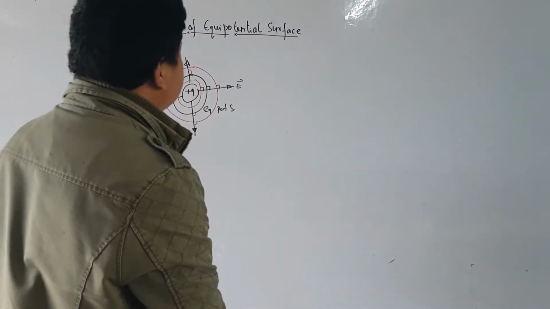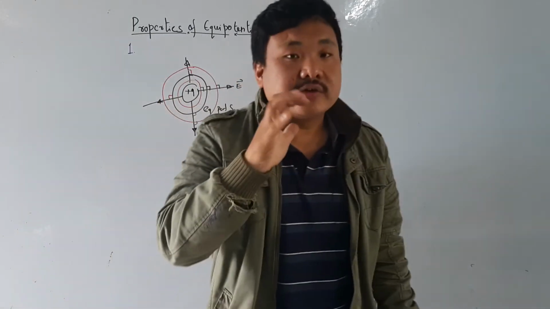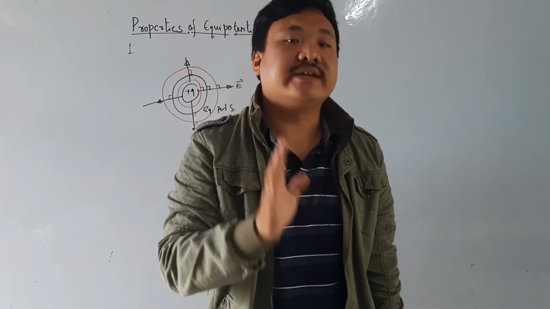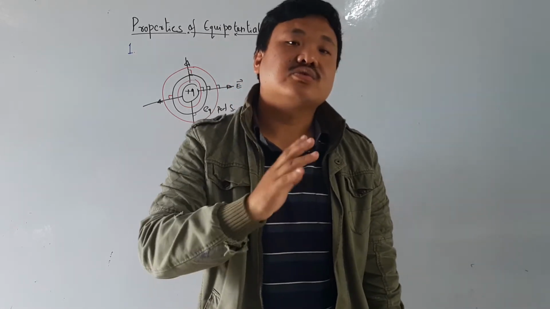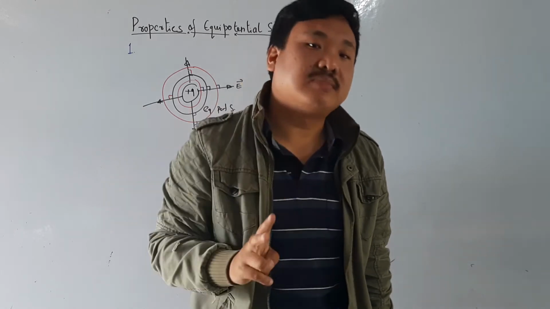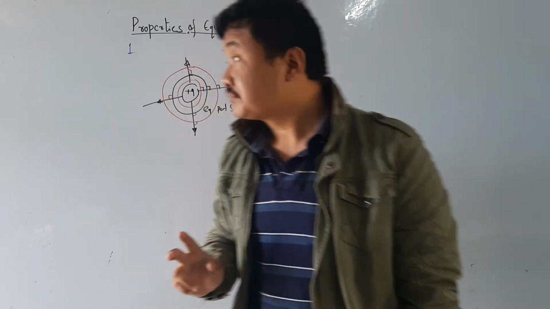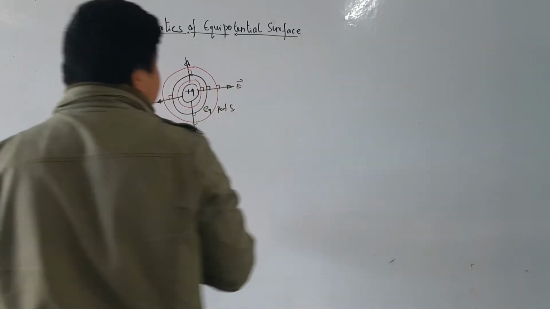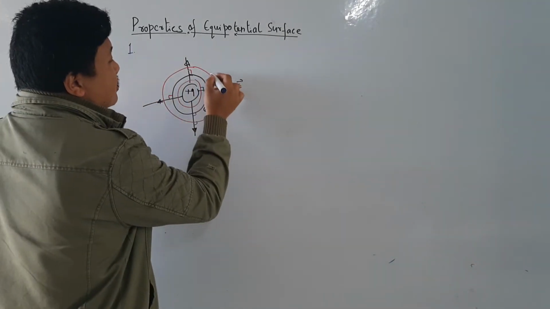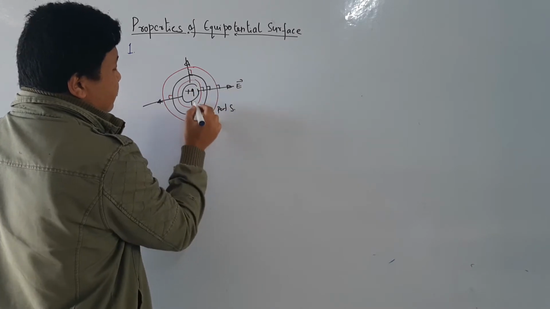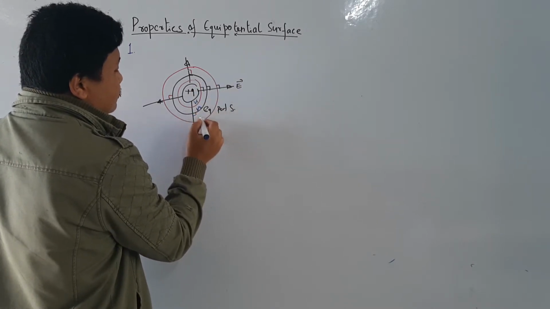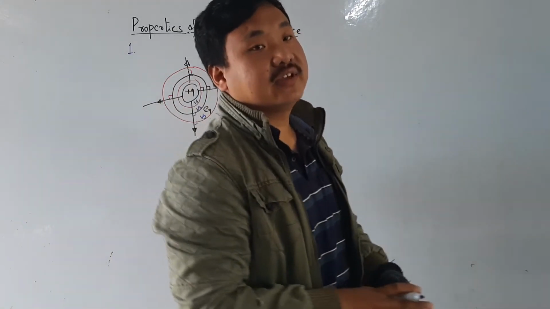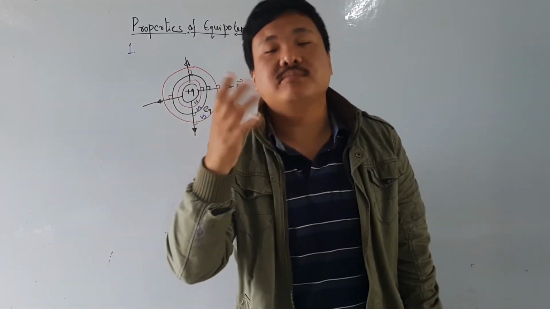The third property is that two equipotential surfaces will never intersect with each other. For this, there are many reasons, but I will give the simplest two. See here, this has V1, V2 and V3, so each equipotential surface has a different potential.